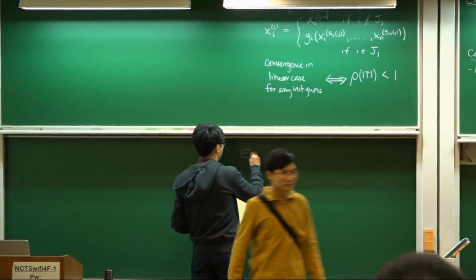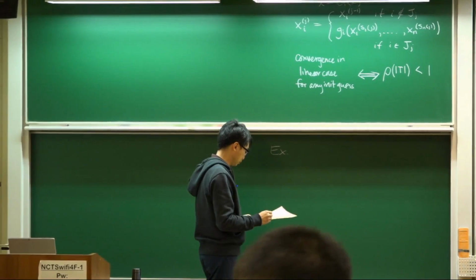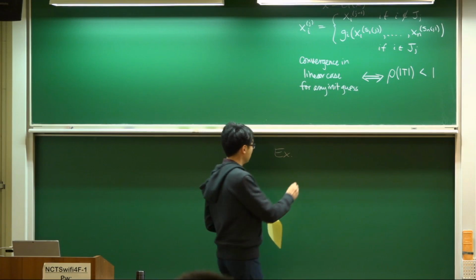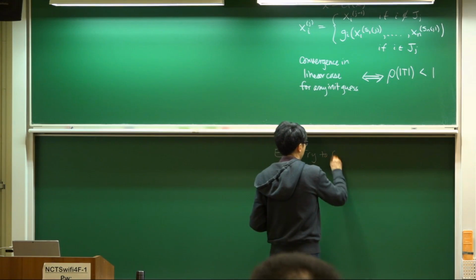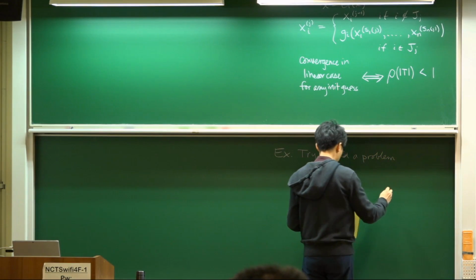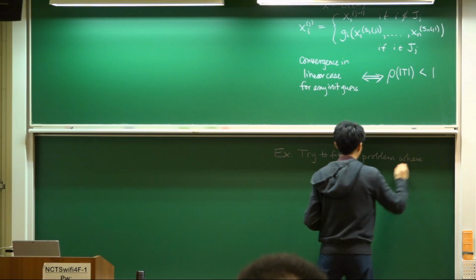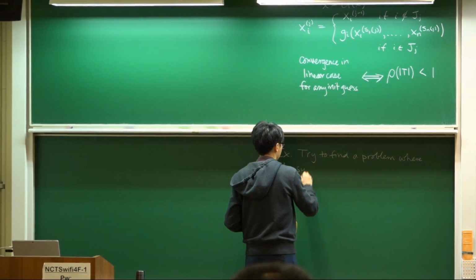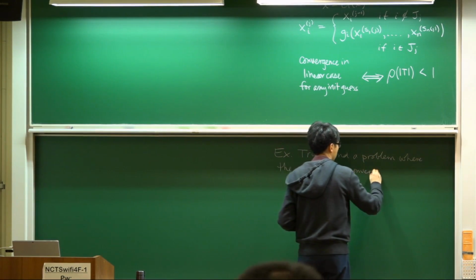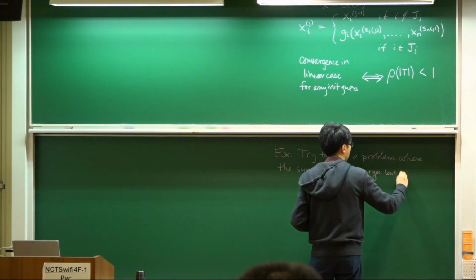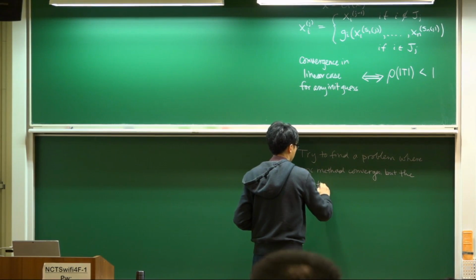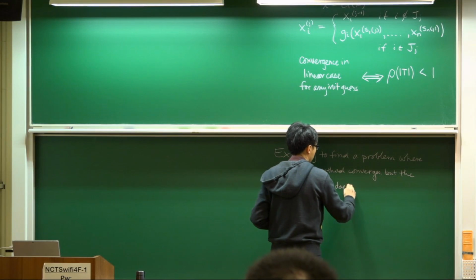So here's the exercise for next class. It should not take very long. Try to find a problem where the synchronous method converges but the asynchronous method does not converge.